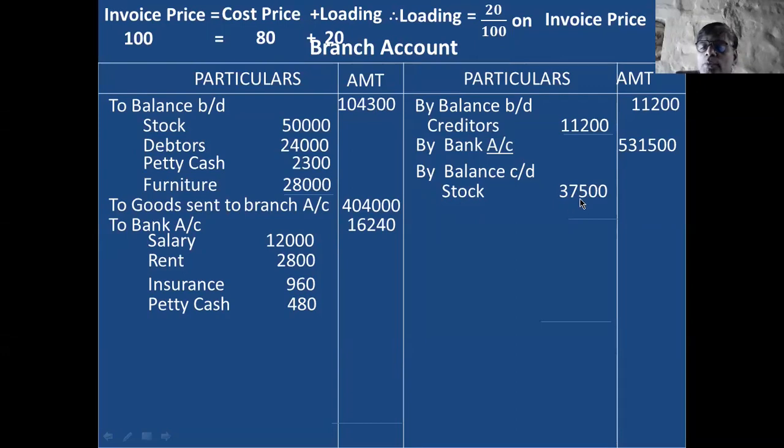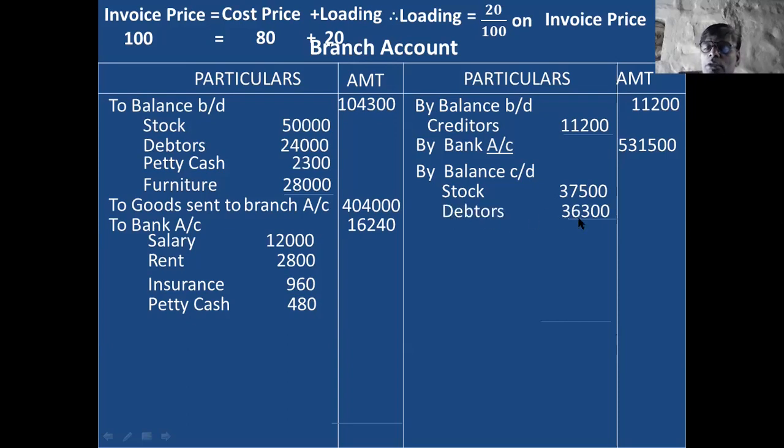So 7,500 plus 30,000, total 37,500, you have to write. If the cost price is given in the problem, this is very important. Remember this point. Okay, closing stock 37,500.